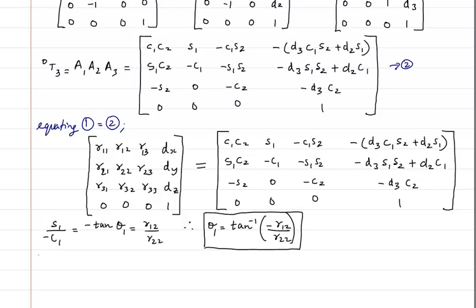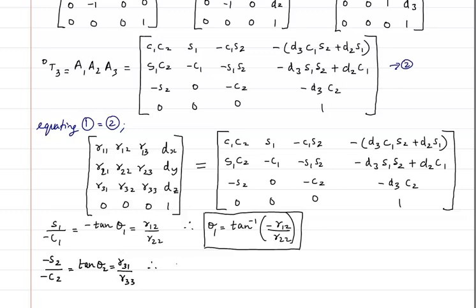So we write minus S2 by minus C2 is equal to tan of theta 2, which is R31 divided by R33.